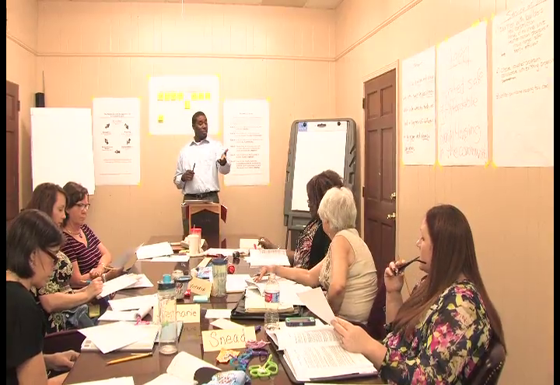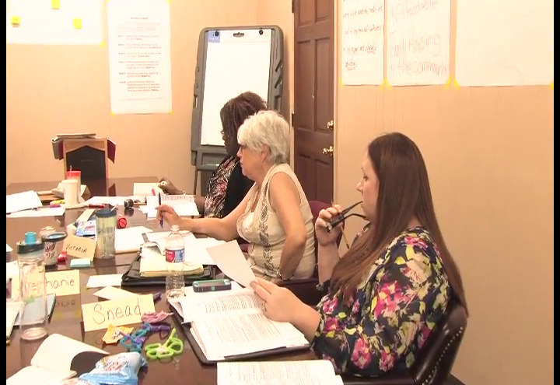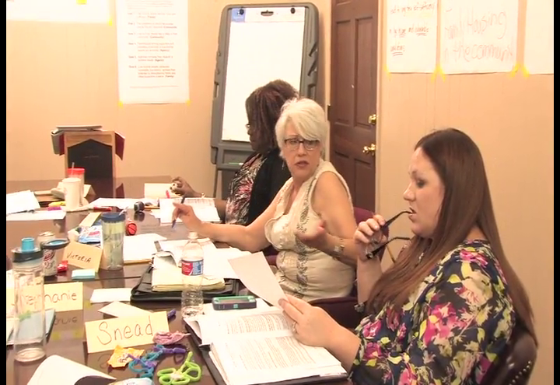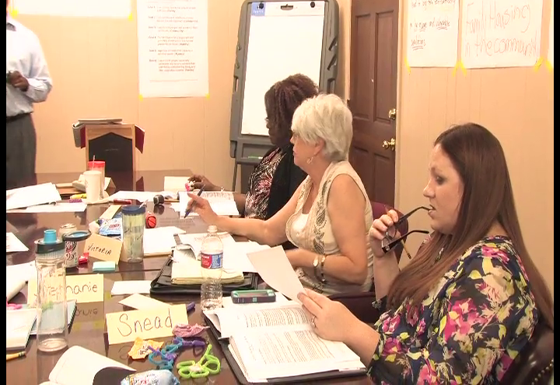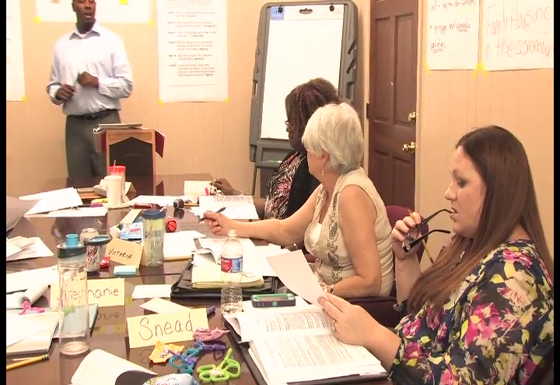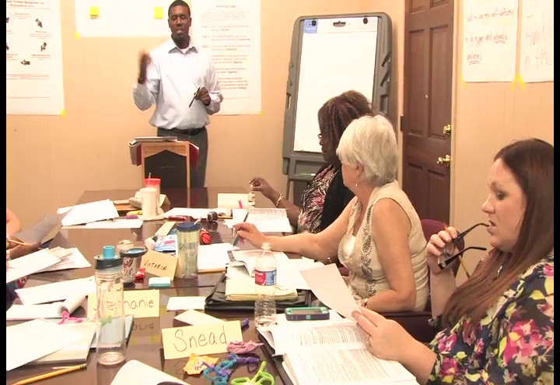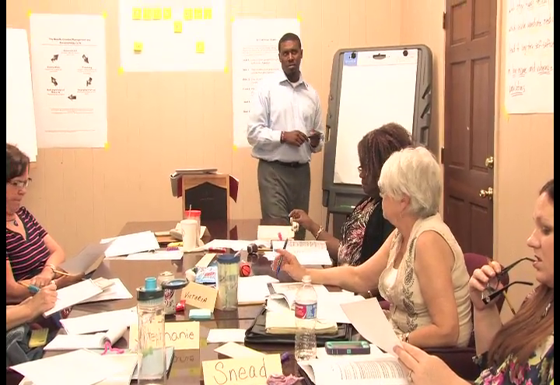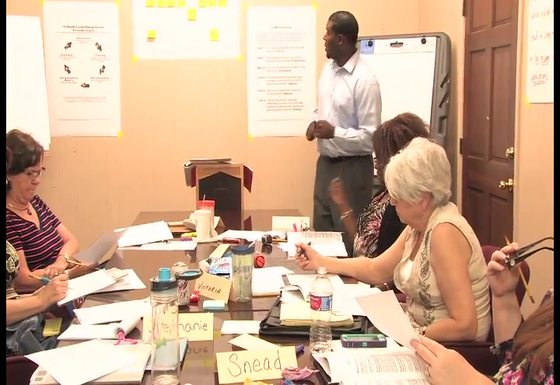We need an indicator to go with the outcome. With that outcome, it would be documented utilization of free transportation. Headcount of some sort. Okay, outcome indicator would be documentation of free transportation.